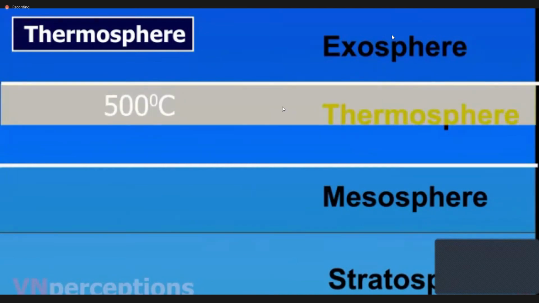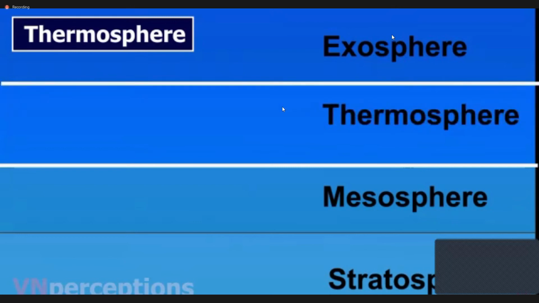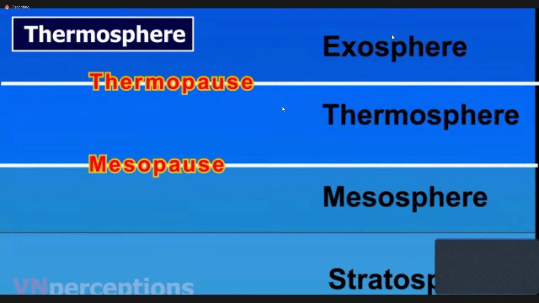Temperatures in the upper thermosphere can range from about 500 degrees Celsius to 2000 degrees Celsius or higher. The boundary between the thermosphere and the exosphere above is called the thermopause. At the bottom of the thermosphere is the mesopause, the boundary between the thermosphere and the mesosphere below.